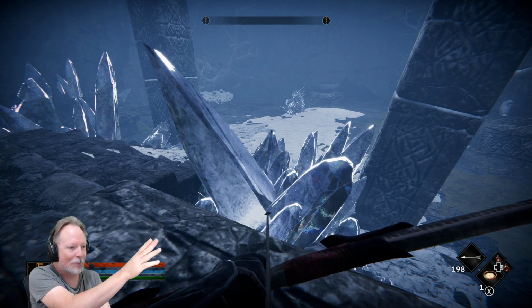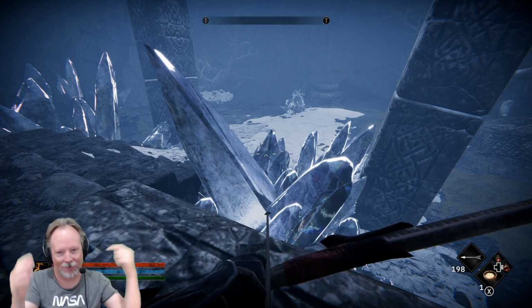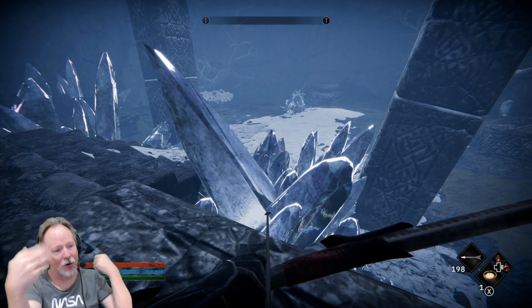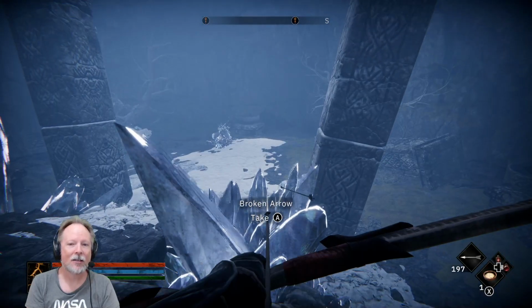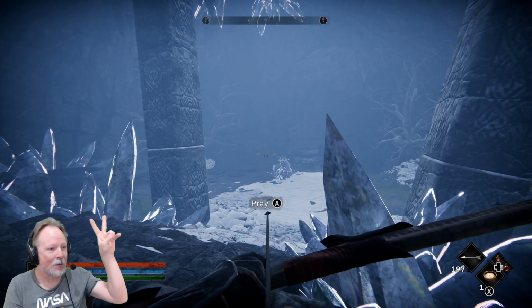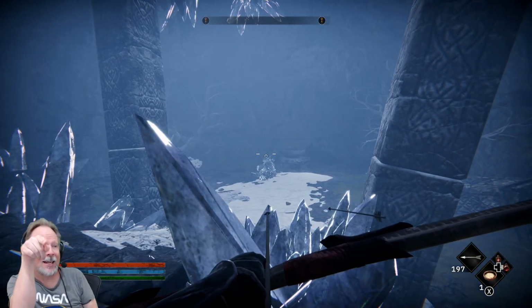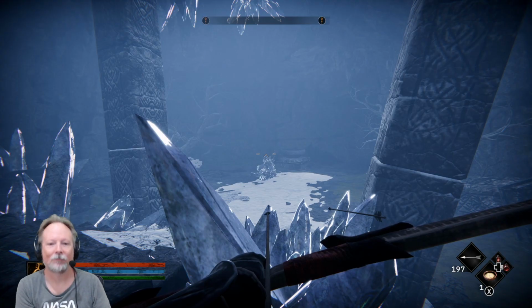Now, we can't see the box, but if you know how game development works and how asset placement works in a game engine, then you know that there's a box there. And what our arrows are interacting with right here is said box. That mob could not see me because I was behind the box. Even though I could see him, he can't see me because I'm behind the box.